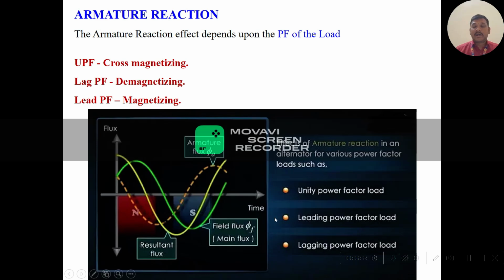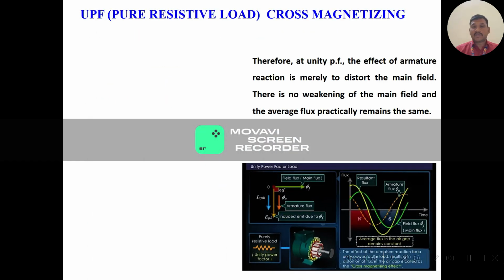This is created by the application of field current IF, and this yellow line indicates the resultant flux of the machine. So based on the load connected with the alternator terminals, the resultant flux of the generator is varying. So based on that, the generated EMF is also varying.